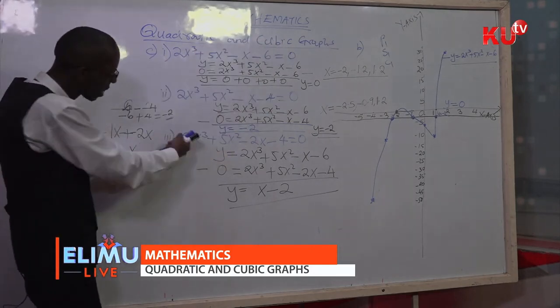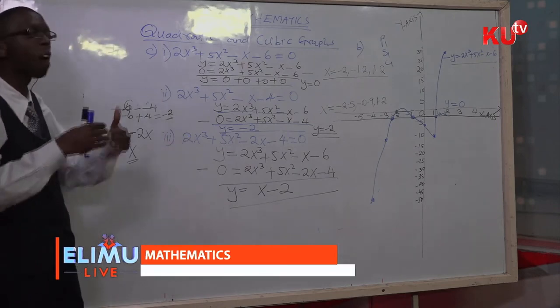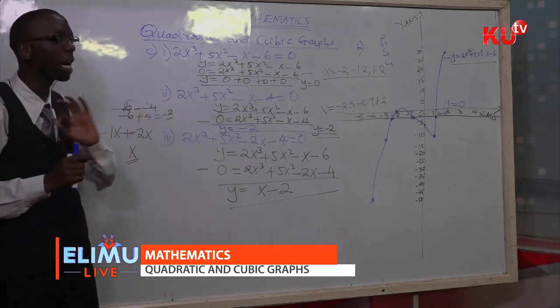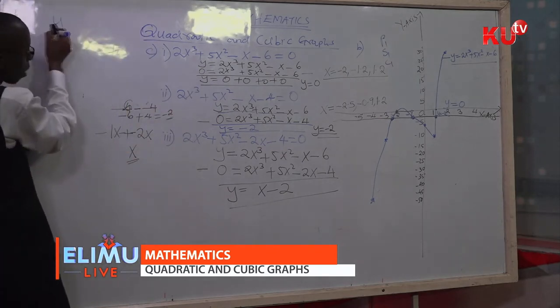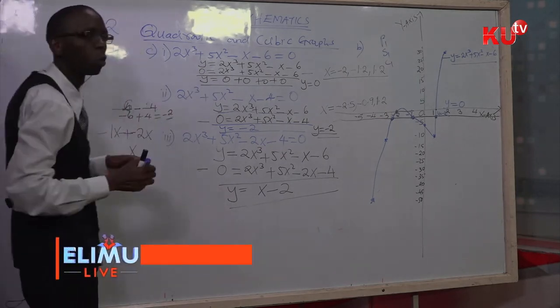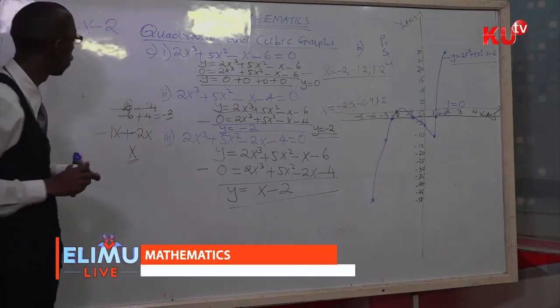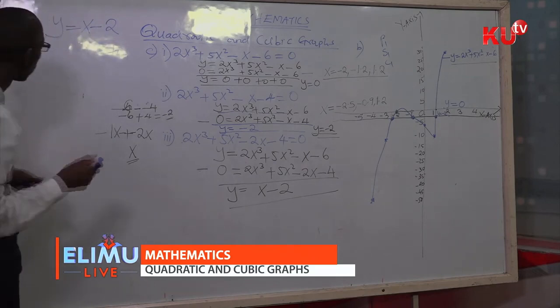Now, my dear student, let me review that. You have taken the equation of the graph minus the equation you are solving. After subtracting, you have gotten another small linear equation. You have gotten y is equal to x minus 2.